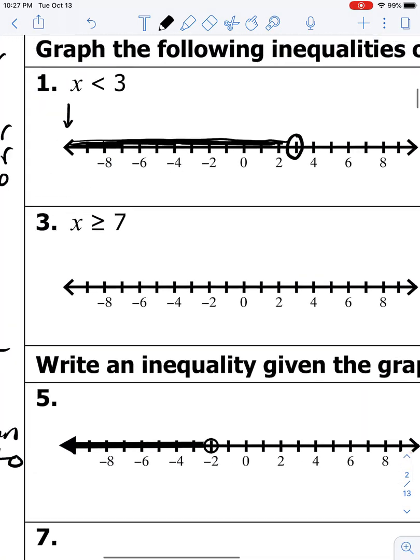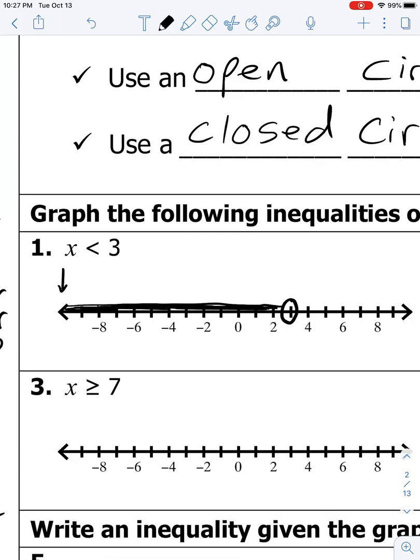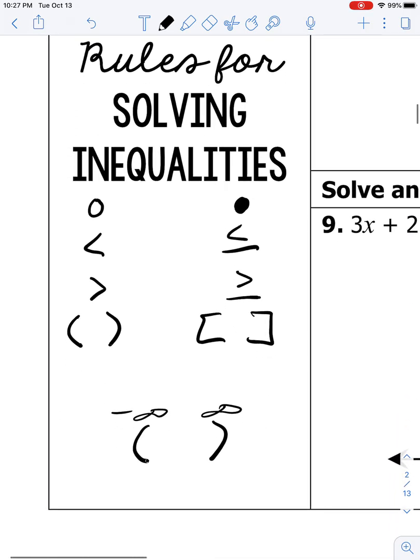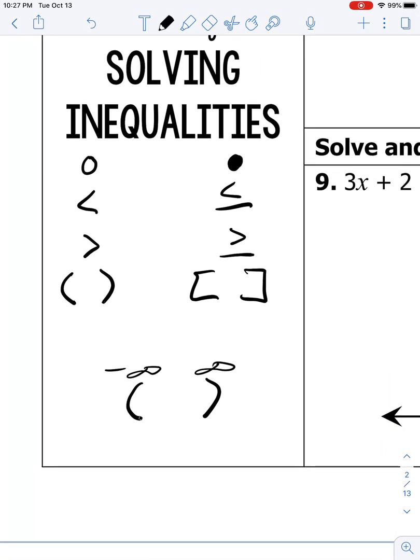So if that's where we started on our graph, meaning what's shaded in, we're going to put the left parenthesis and negative infinity. Now, where did our graph end? Well, it ended right here, at 3. So I'm going to put a 3 here. Now, we go back to this part right here. Open circle means parenthesis.